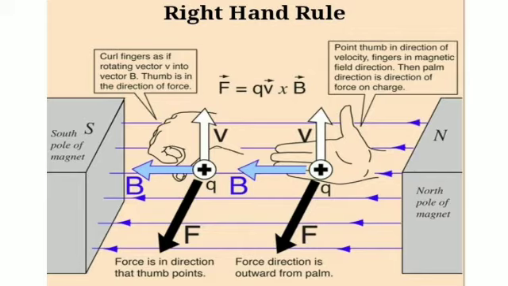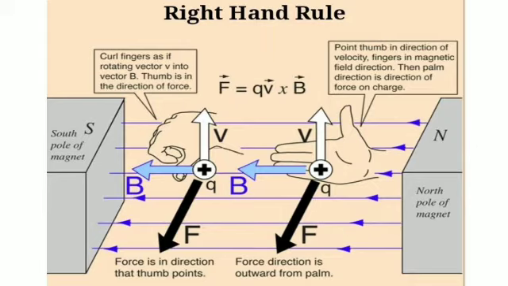Now how does this force come about? Basically, when we studied electrostatics in our 11th standard, we found that the force is nothing but charge into electric field, that is F is equal to qE, where E is the electric field intensity.